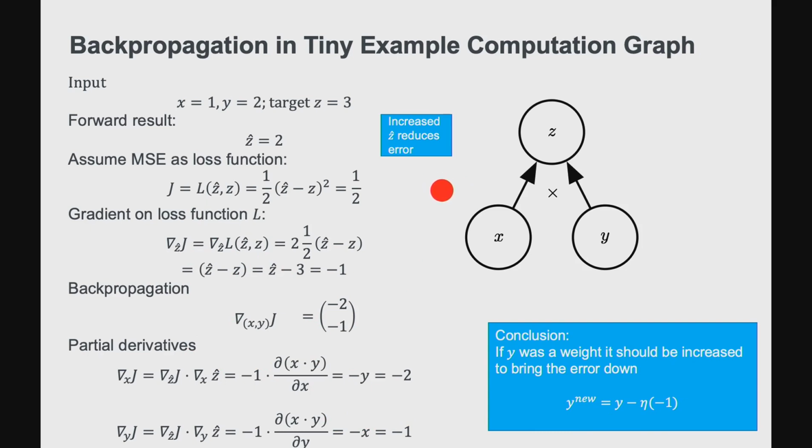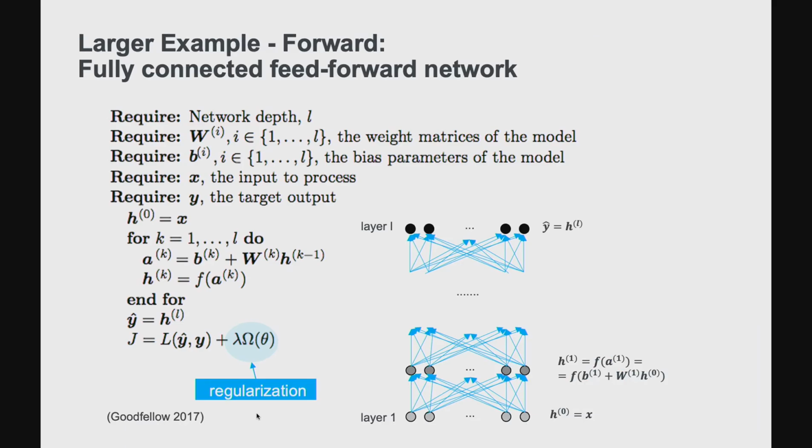What I described to you here, backpropagating this loss, is what you also do in a very large network. And here is, for this larger example, first the forward pass.